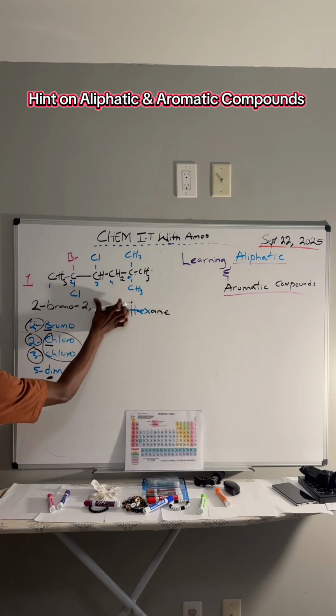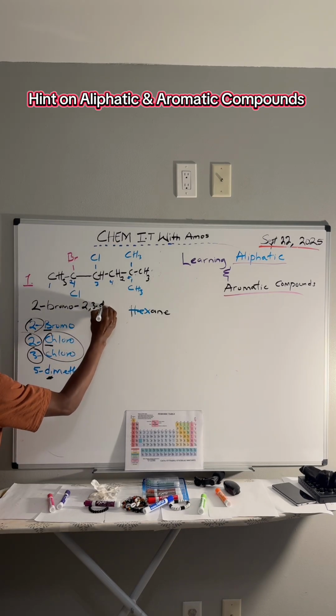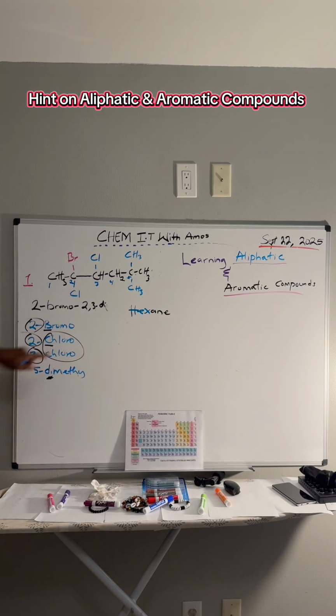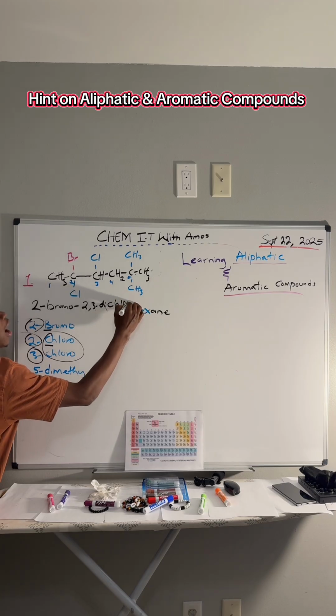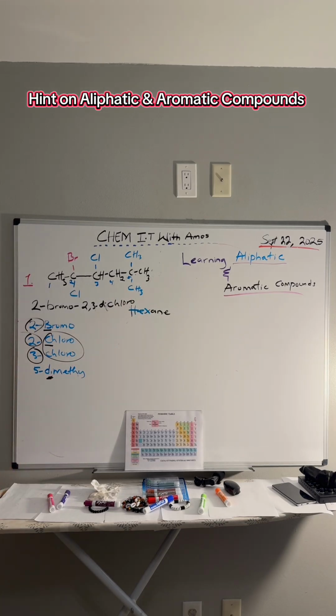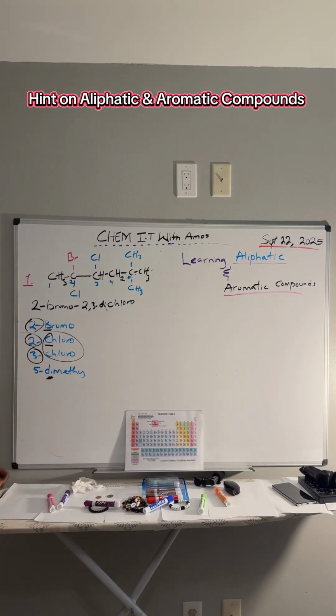So we say 2,3-dichloro, C-H-L-O-R-O. We can erase this for now to see how best we can place the remaining one there.